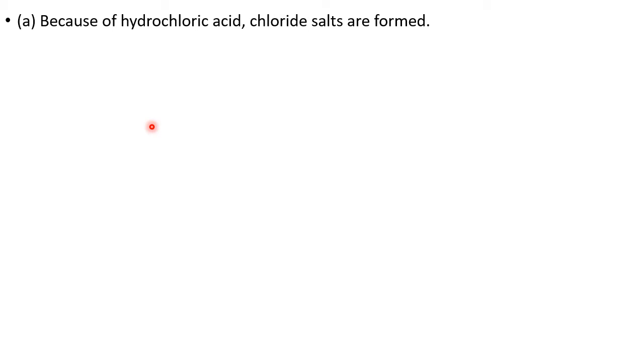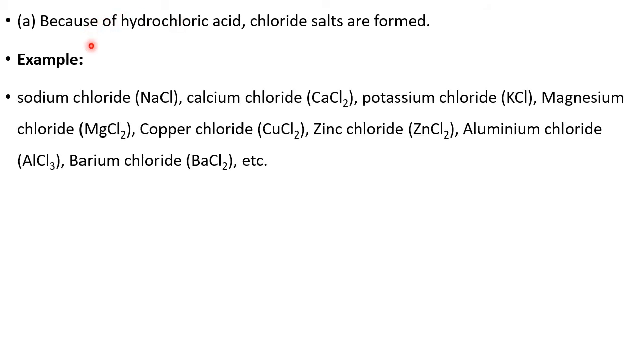Now here I have taken, if I use hydrochloric acid, then they are called what? Chlorides. Example: sodium chloride, calcium chloride, potassium chloride, magnesium chloride, copper chloride, zinc chloride, aluminum chloride, barium chloride, etc. All these chlorides are formed by the action of hydrochloric acid on different bases.